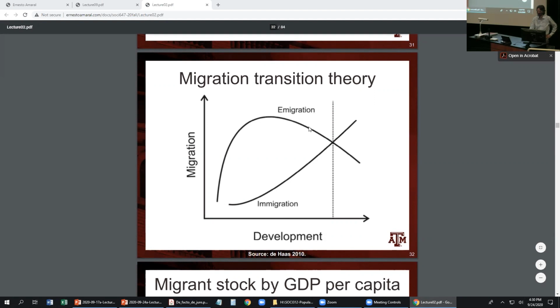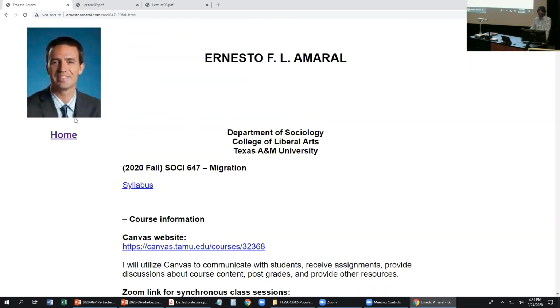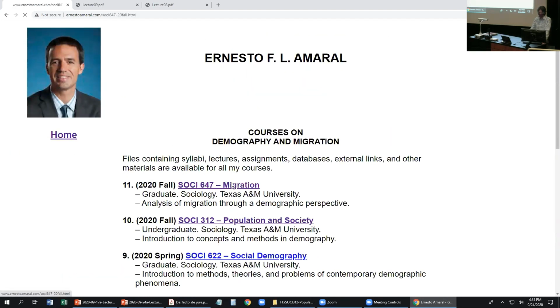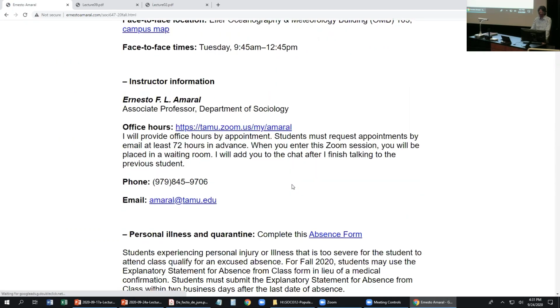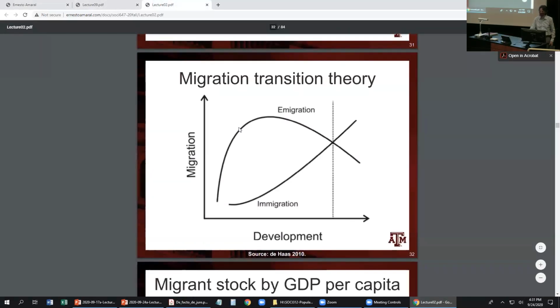And then after a while, they will say, oh, we can just stay in this country where I will have job opportunities, so the chances of emigrating decrease. This slide is under home, demography, migration, in the class on theories of migration. These slides are there, but I will add this slide into our lecture and you can download it again.